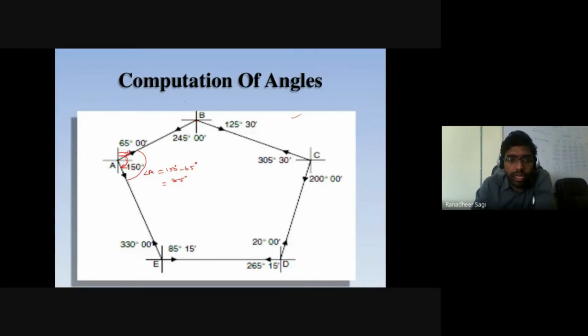Now let's look here. If I am interested in calculating the internal angle between the two survey lines at station B, what are those two survey lines?